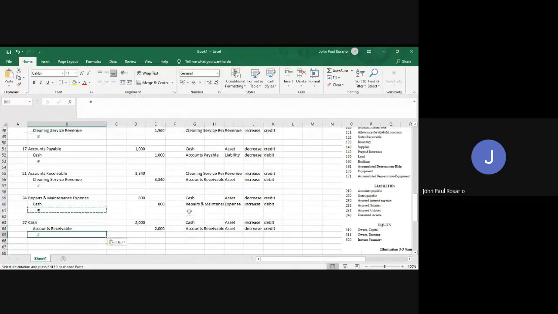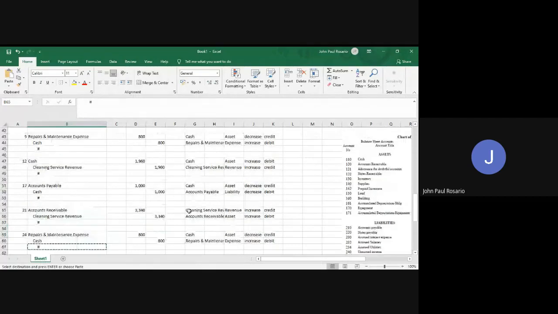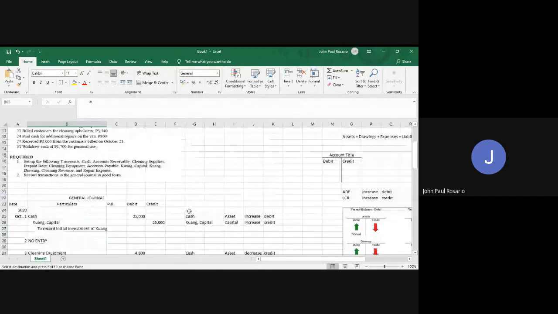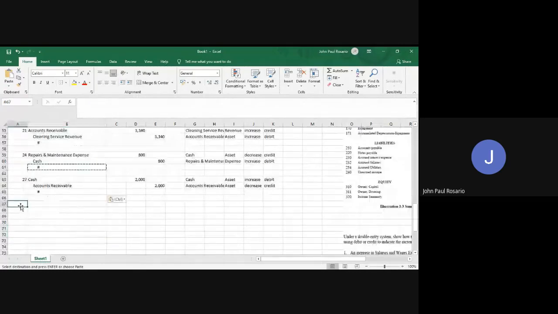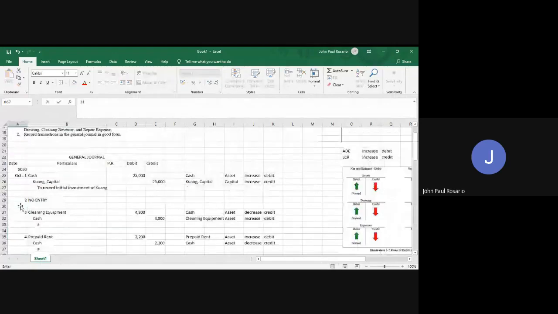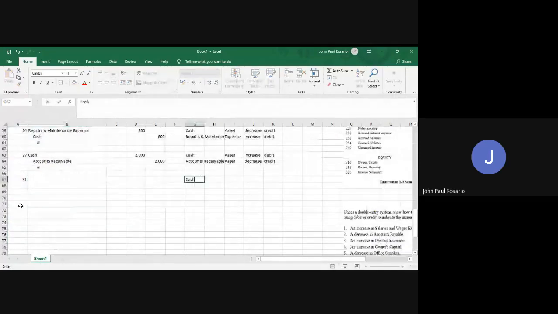Okay, so last ayan, 31. We withdrew cash for 1,700 for personal use. Okay, so 31. Nag-withdraw ko og cash. So naa may cash nga naapektuhan. Nag-withdraw og cash, so drawings. So cash is asset.